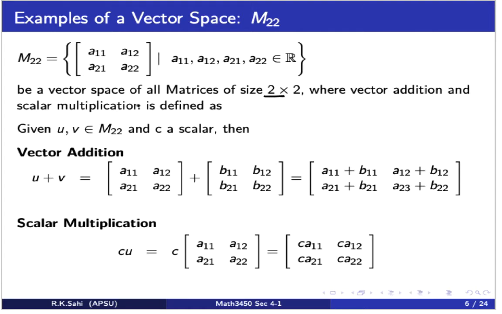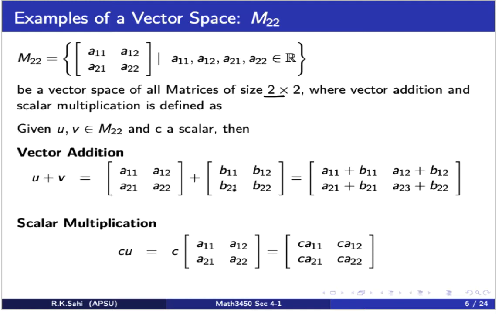So, let's come back and see what the vector addition and scalar multiplication look like. In M22, I'm adding two matrices of size 2 by 2. I add the corresponding elements: A11 with B11, that's the element here. Then A12 to B12, that's the first row, second column.